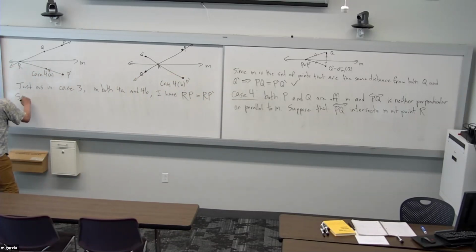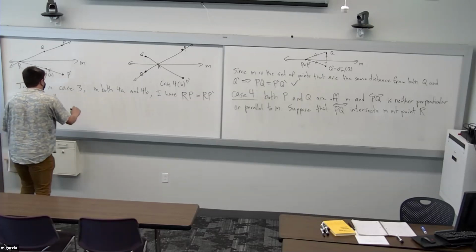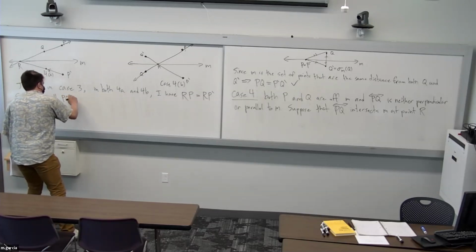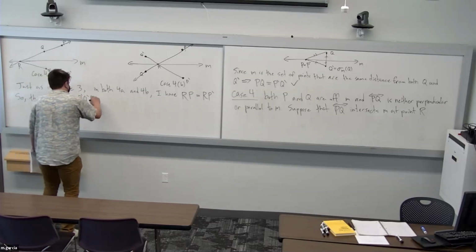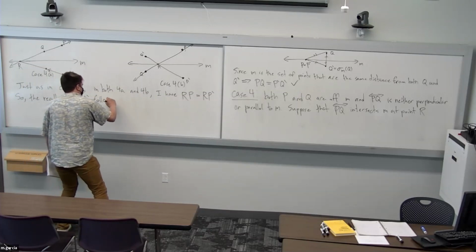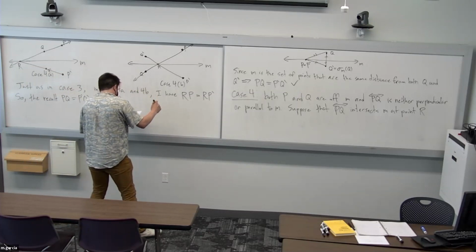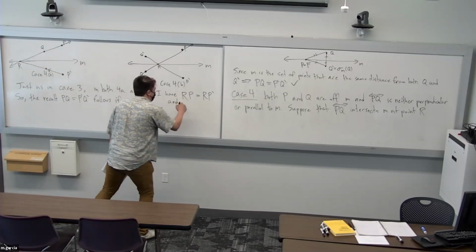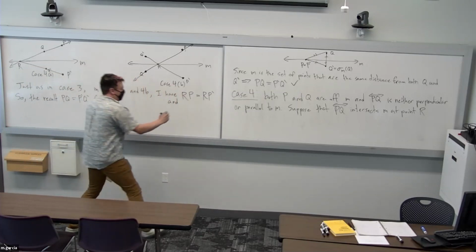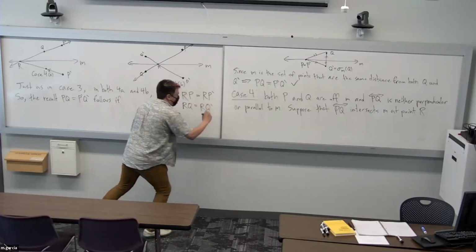So the result we want, the length PQ is equal to the length P prime Q prime, follows if we know, oh sorry, I skipped a step. We know RP is equal to RP prime, and also RQ is equal to RQ prime, right?